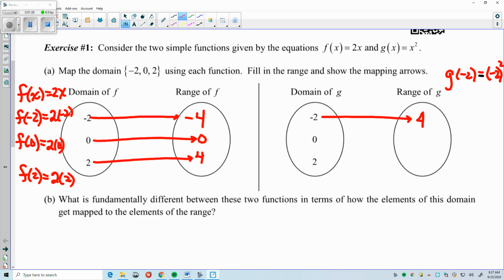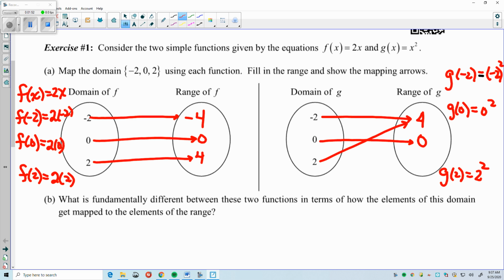If we do the same with 0, I have g of 0, meaning 0 squared, which gives us 0. Then we do the same thing with +2, so now I have g of 2, which is 2 squared, or 2 times 2, which gets you 4. So notice what happens with our mapping.